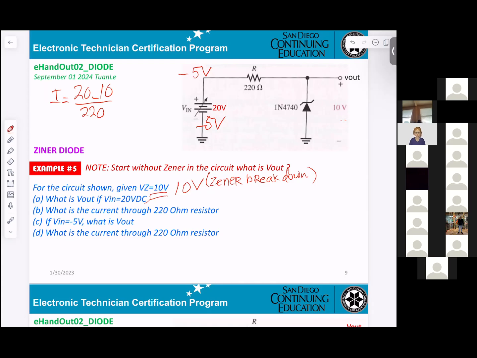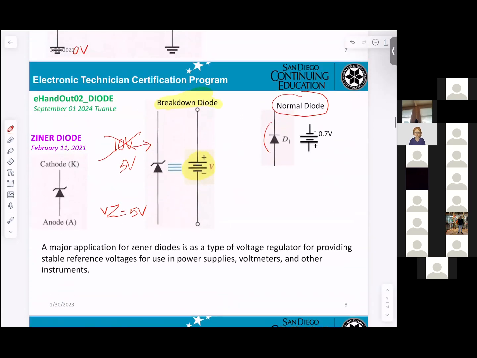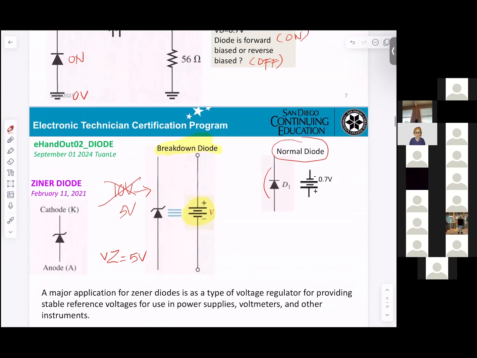Now, again, when you're working with a Zener diode, first thing, is it in breakdown? If not breakdown, then it can work like a normal diode. We already learned the diode.